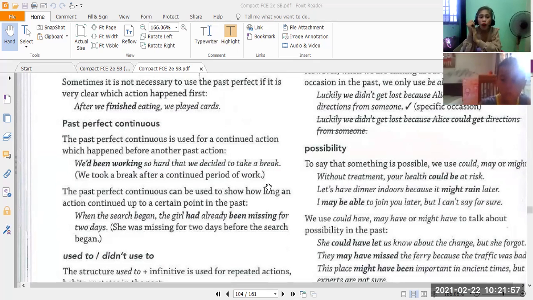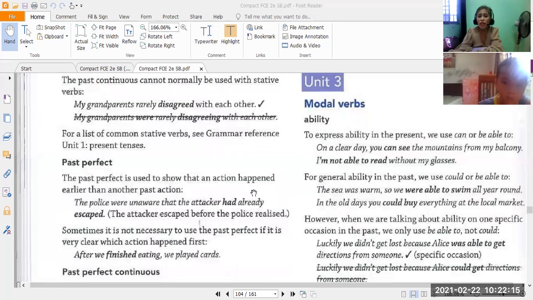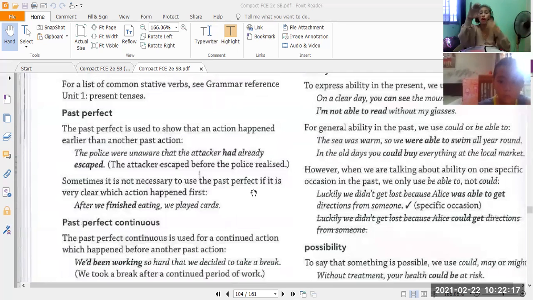So therefore, I will give you the pattern for the past perfect. Okay, the past perfect is this one. Past perfect continuous is used for a continued action which happened before another past action. This is actually, Kayo, just the same as the past perfect.